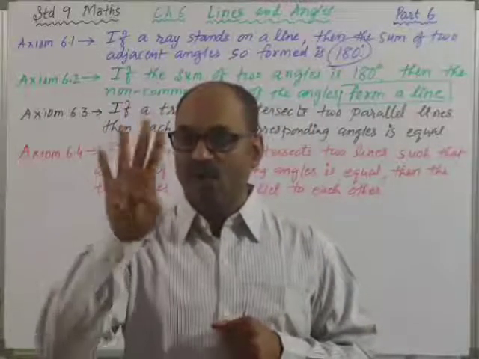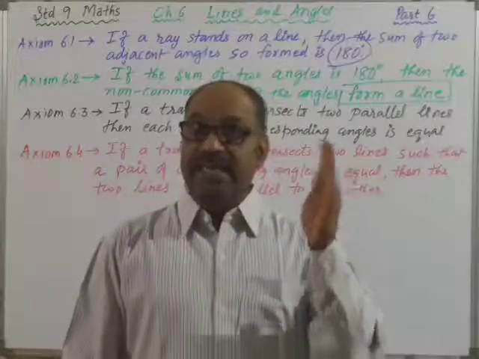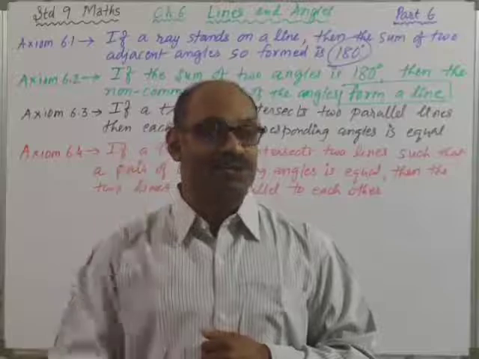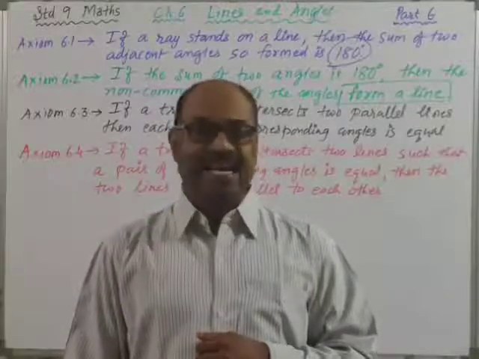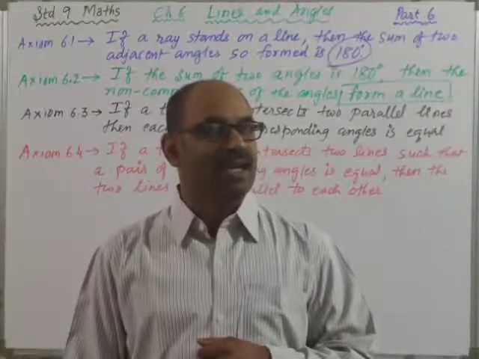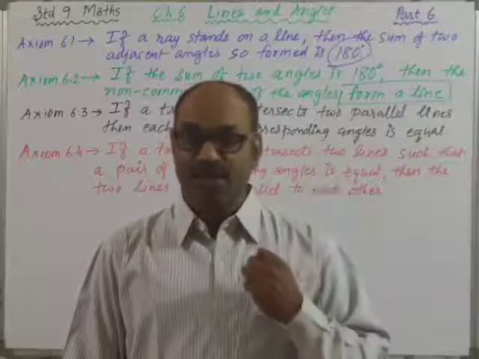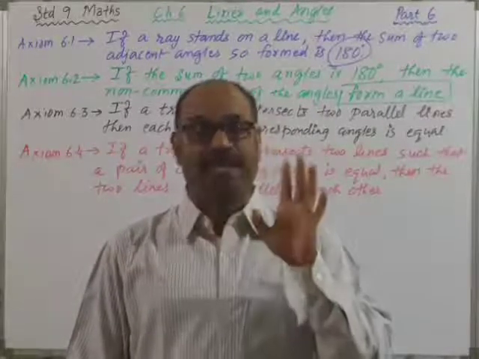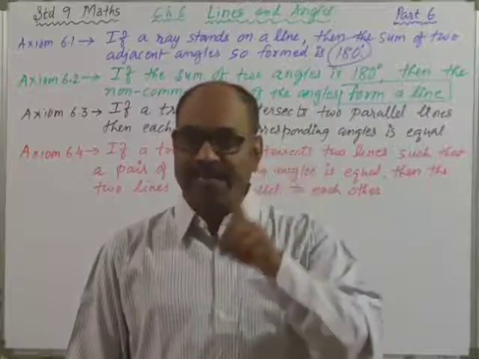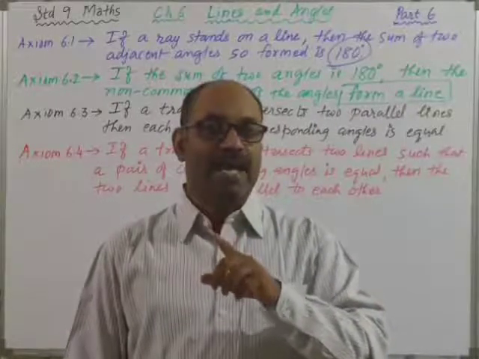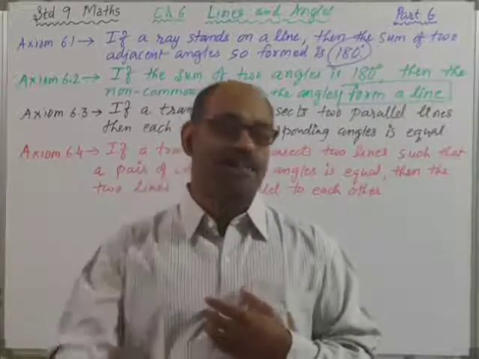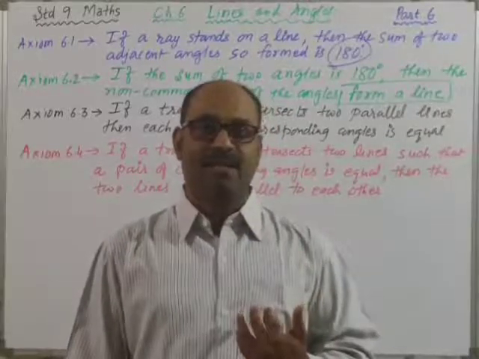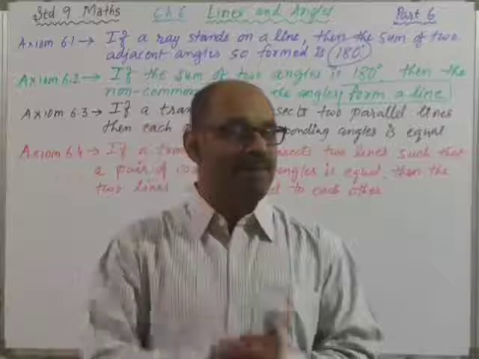How many? 4. Third, interior angles on the same side of the transversal. How many pairs? 2. Next, exterior angles on the same side of the transversal. How many pairs? 2. Then alternate pairs of angles, interior alternate is also said. So pairs of interior alternate angles, how many? 2 in number. And the last one, corresponding pairs of angles, they are 4 in number.